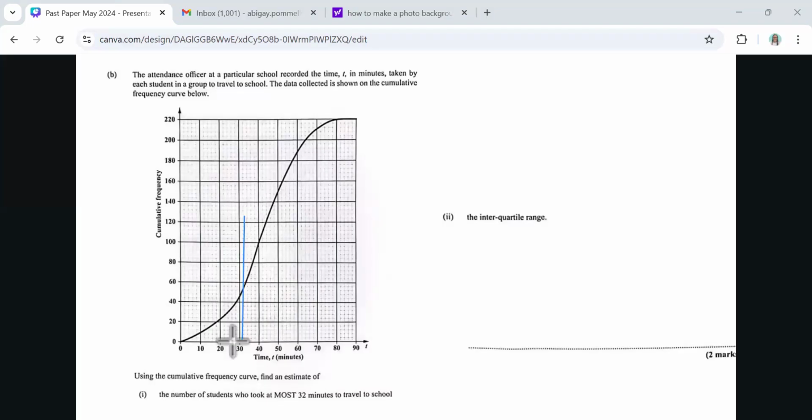All right. And then wherever it stopped on this line right here, I'm going to put it this way. So it's between 40 and 60.